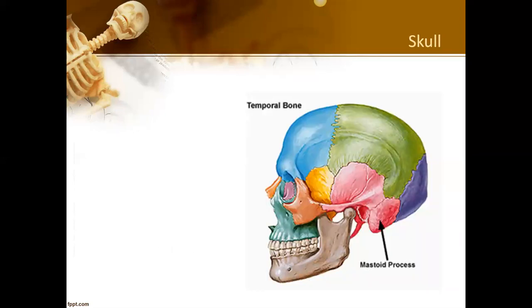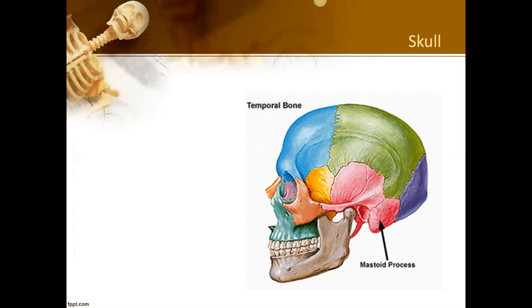Okay, so here we have all the bones together. You can see how they're knit. And I want you to pay attention here to the mastoid process. Now, this is another bone feature that we can use to distinguish males from females. It's bigger and projects more in males than in females.